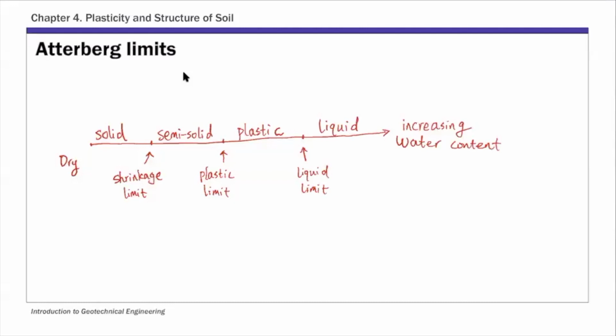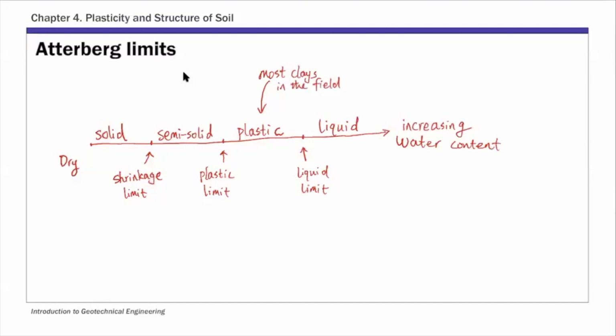And for most natural clays in the field, the moisture contents are actually between the liquid and plastic limits. So most natural clays are in this range. So most natural clays, their water contents are between plastic and liquid limit. So clays are typically a plastic material.